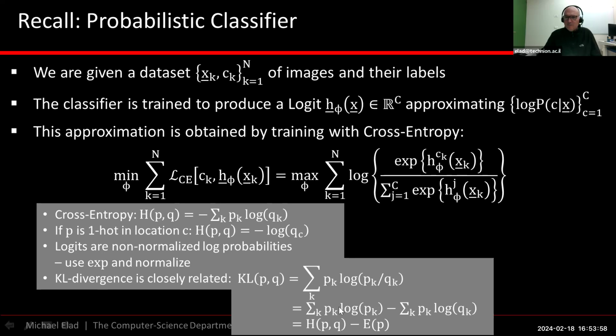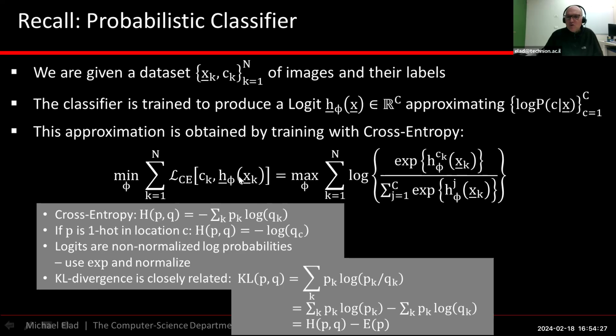In our case, let's open it up. It's the sum of p_k log p_k minus the sum of p_k log q_k, which is exactly the cross entropy. Now, the first term is a constant. Basically, this is the entropy of our one hot vector, which is basically 0. So this is not just a constant, this is 0. So minimizing Kullback-Leibler is just like minimizing the cross entropy. And so this is what we did here.